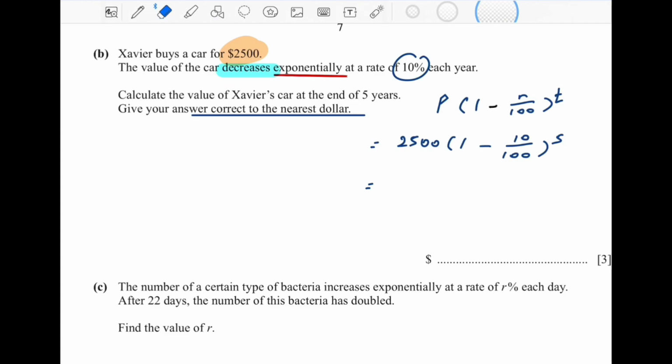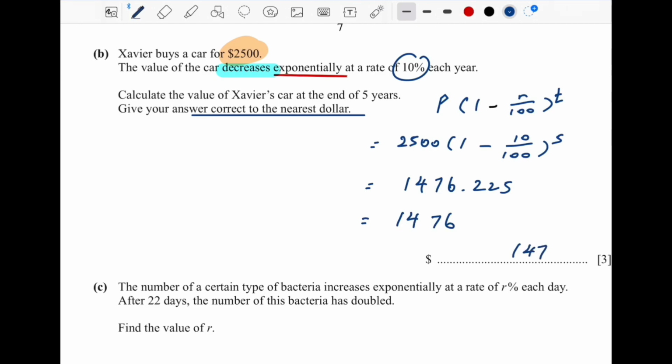We must show this first, 1476.225, and from here you correct to the nearest dollar. So this step is very important in order to get full marks for this.